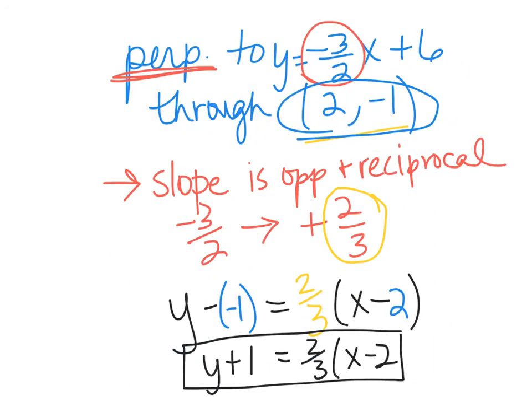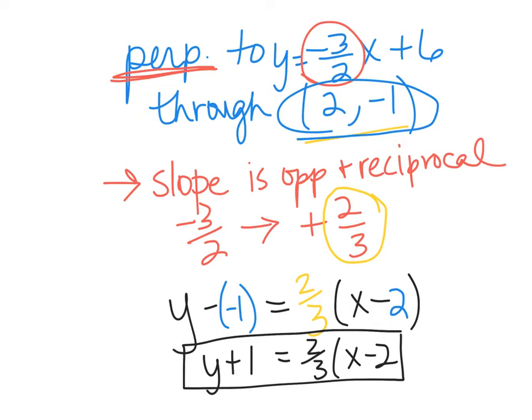Right. So here's another example. We want the line to be perpendicular to this equation through this point. So our original slope is negative 3 over 2. So if we want it to be perpendicular, we want the opposite reciprocal. And so that means it's going to be positive 2 over 3.